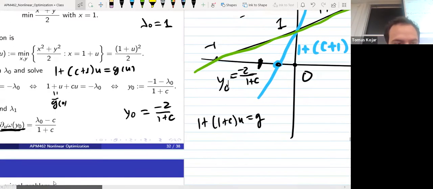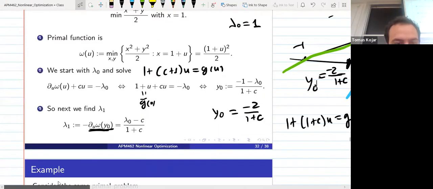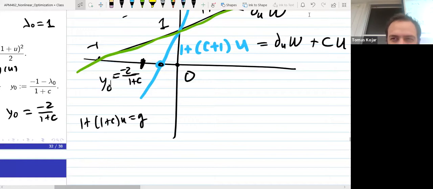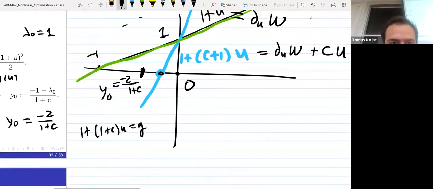And then you want to find lambda 1. So you go upstairs over here, and the slope of this guy will be lambda 1. I know it's confusing, but that's how the algorithm works. So it went from here. We found the blue guy.